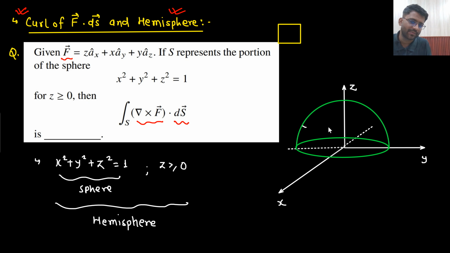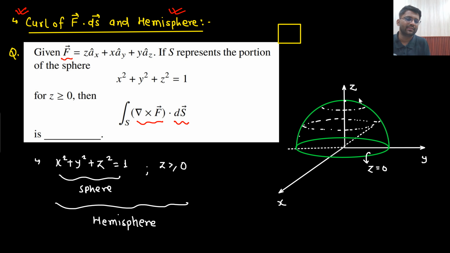This is the hemisphere that I have made. Right, this is the hemisphere. I hope you are able to understand. Here your z equals 0, and the upper part is z greater than 0.